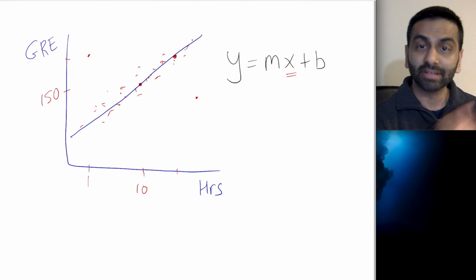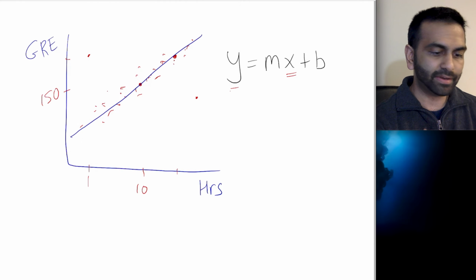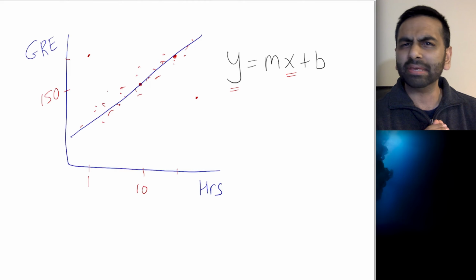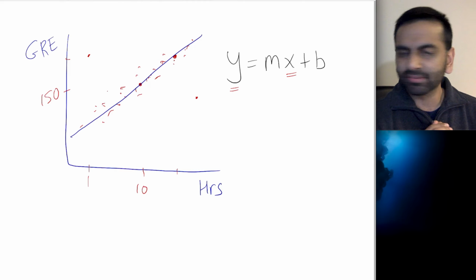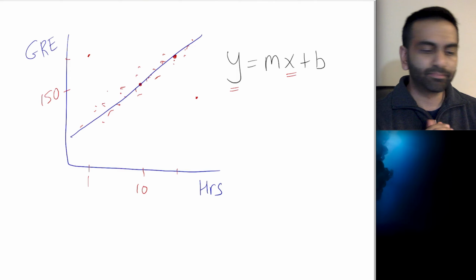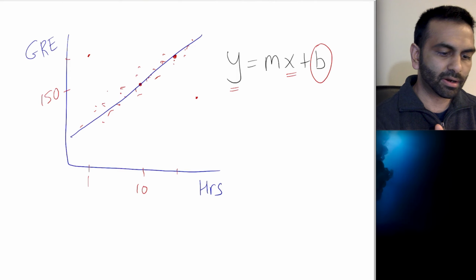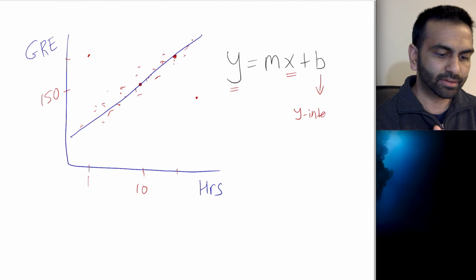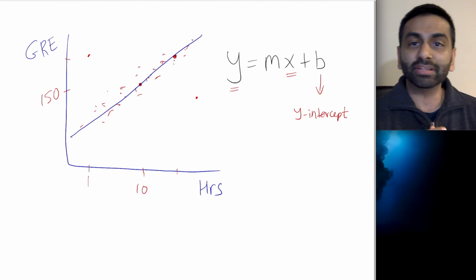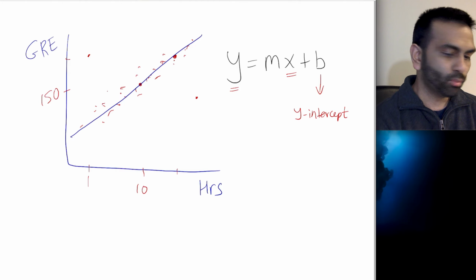Well, this is your x variable, this is your y variable, and the m and the b are constants. Essentially, this b is what we call the y-intercept. It's essentially the value of y when x is 0.